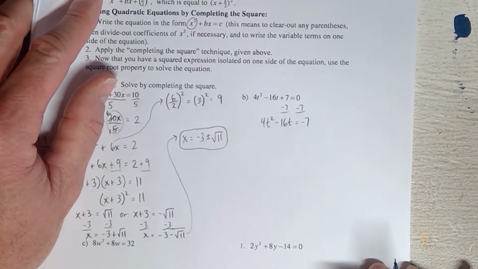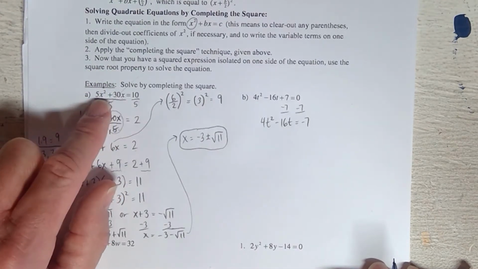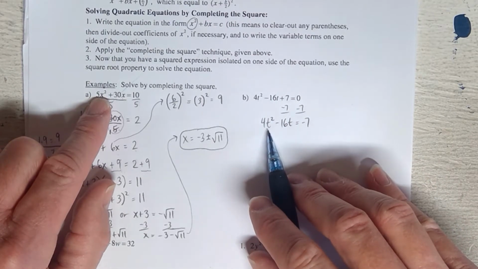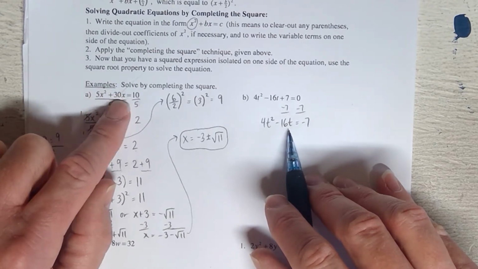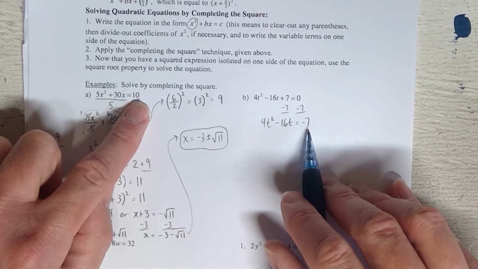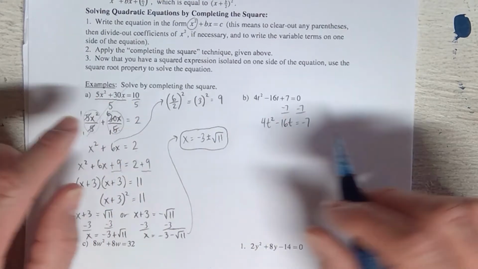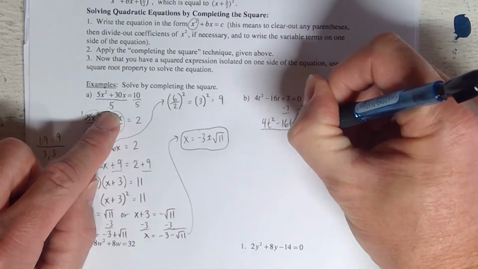Then what do we do? Now it looks kind of like this problem here at the beginning, right? You have the square term here, just like you have the t squared term here, and then the variable to the first power, x to the first and t to the first. And then you've got the constant term on the other side, no variable there. So we do that same thing, only now we're going to divide by not 5 this time, but by 4.